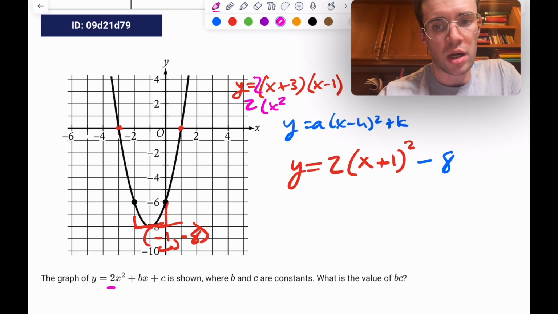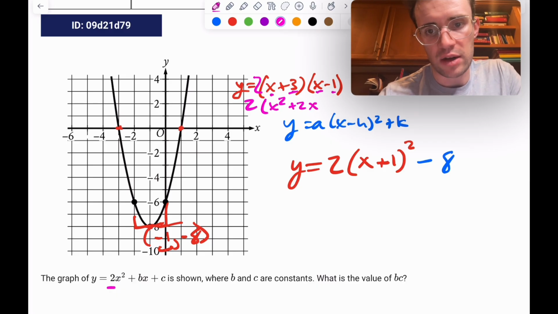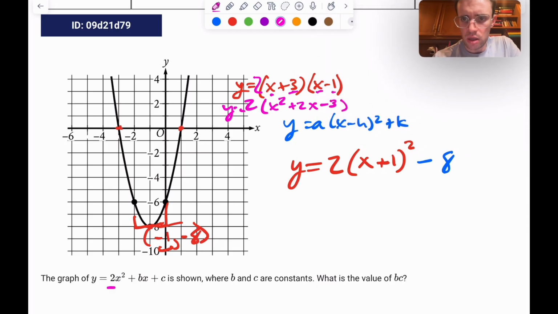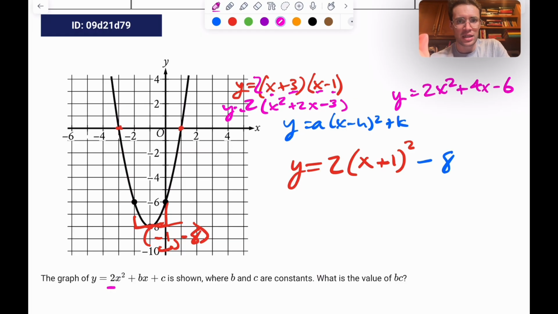So it gives me x squared plus 3x minus 1x, that's plus 2x, and then plus 3 times -1 is minus 3. And then distribute the 2 to that. That gives you that y is equal to 2x squared plus 4x minus 6. So that means our b value should be 4, and our c value should be -6.